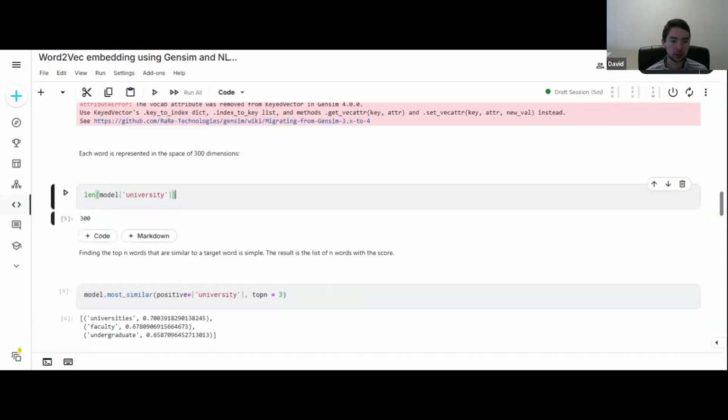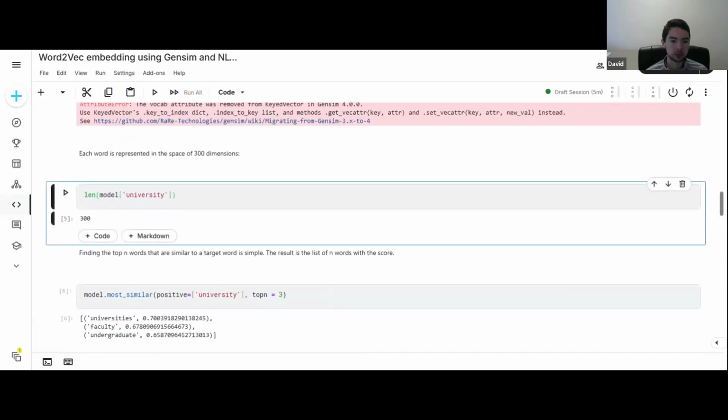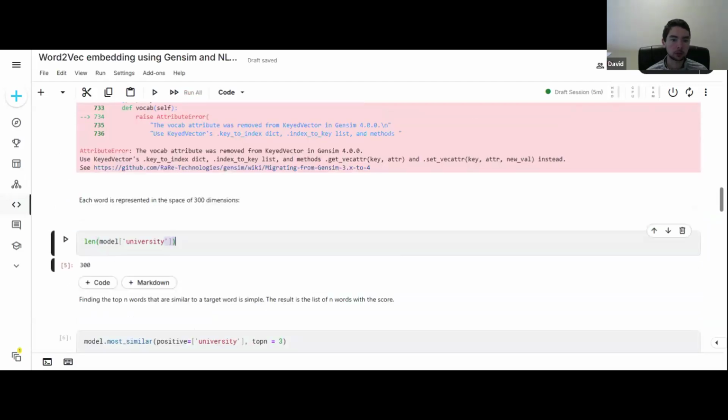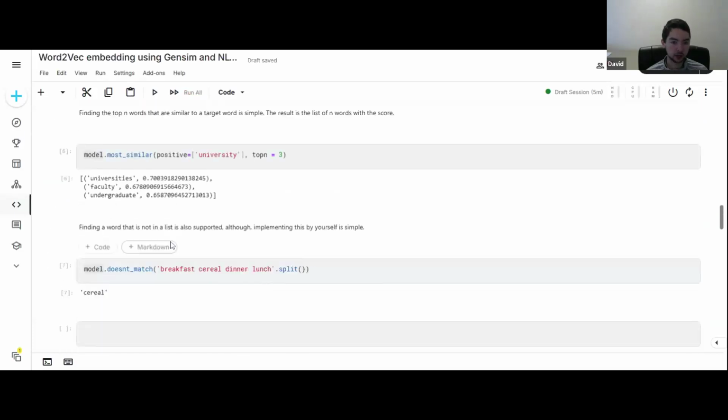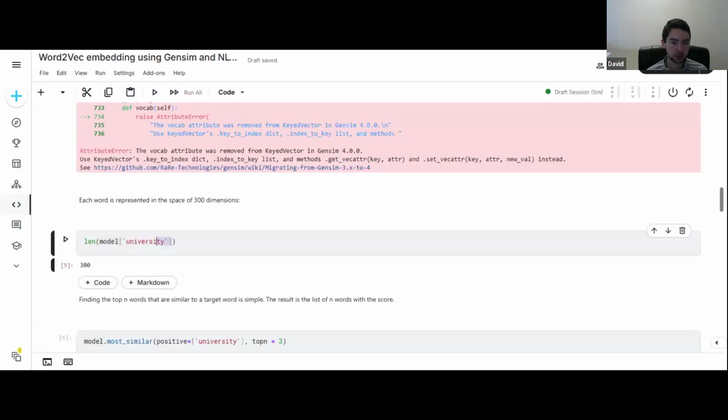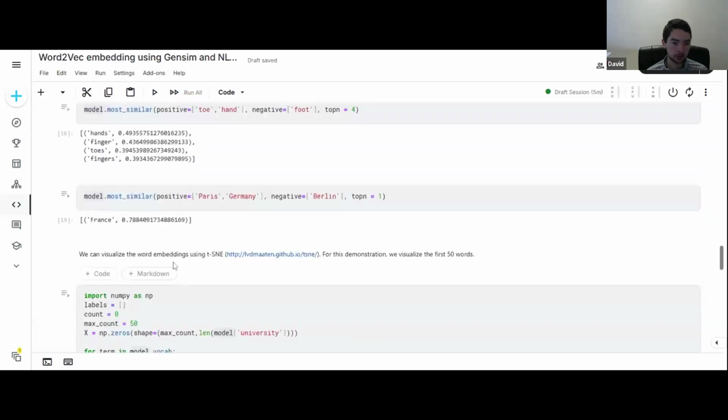Actually, yeah, we can see the number of dimensions for each model. Okay, actually, I think we can just subtract using this model object here.